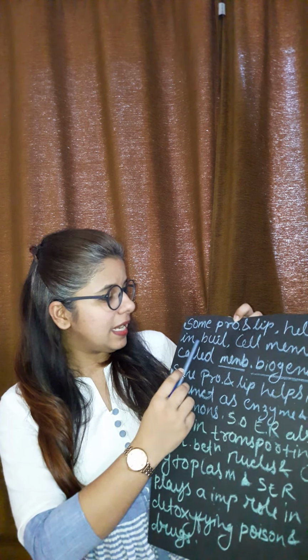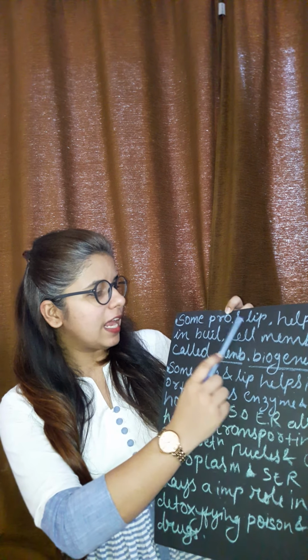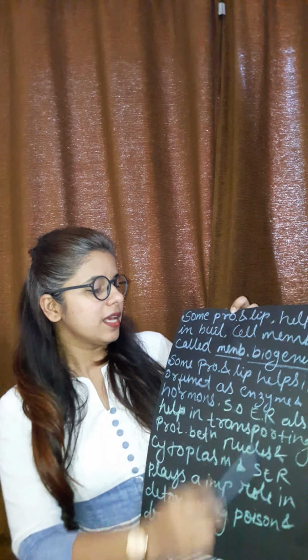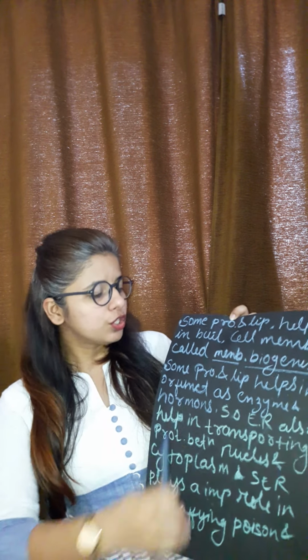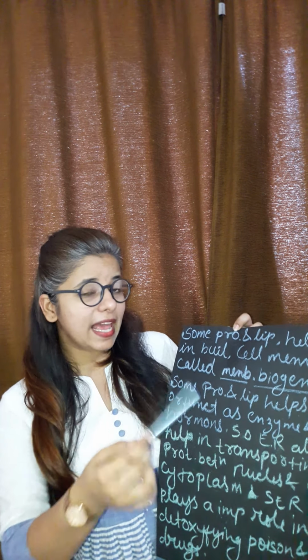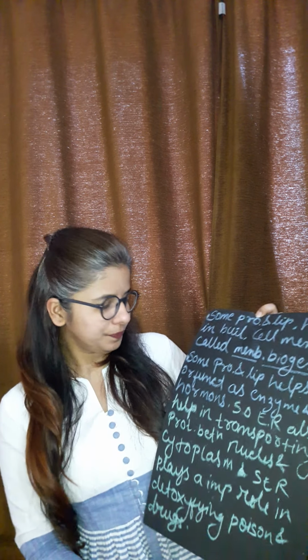If proteins and lipids are not present in the cell, there will not be a healthy plasma membrane formation. The process of building the plasma membrane with the help of proteins and lipids inside the cell is called membrane biogenesis. Bio means living, genesis means creating, formation. That's why this process is called membrane biogenesis.